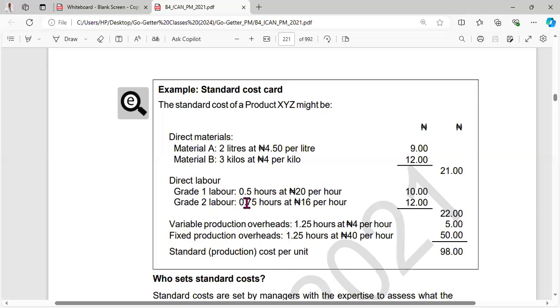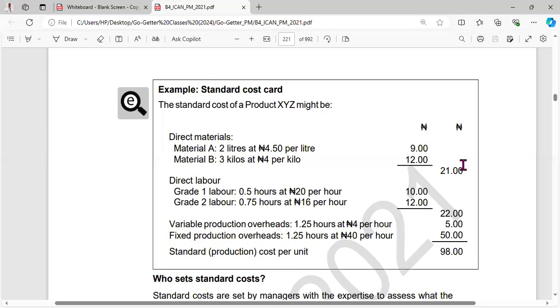Maybe these are skilled laborers, or maybe unskilled labor. Unskilled labor, you pay them 16 naira per hour, and they spend 0.75 hours. You end up paying them 12 naira for 1 loaf of bread. So when you add grade 1 and grade 2, labor cost is 22. Okay? Labor cost is 22.